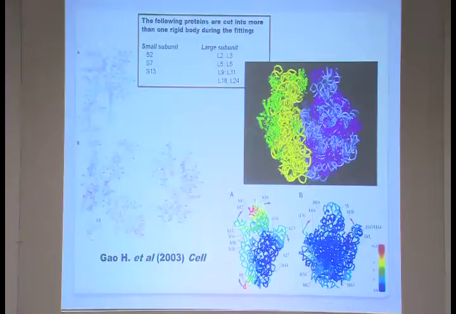The 30S subunit actually ratchets on the 50S. That's a very big change, and it can be seen when these two structures were modeled using this method. And since it was piece by piece, you can really see the motions of the helices.